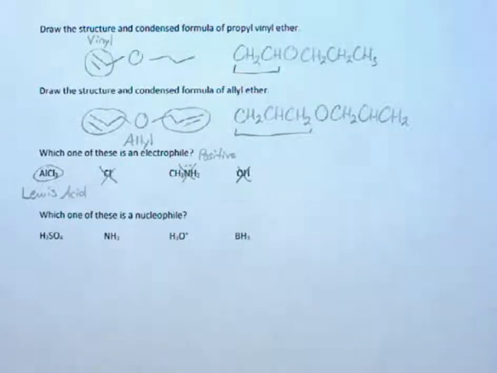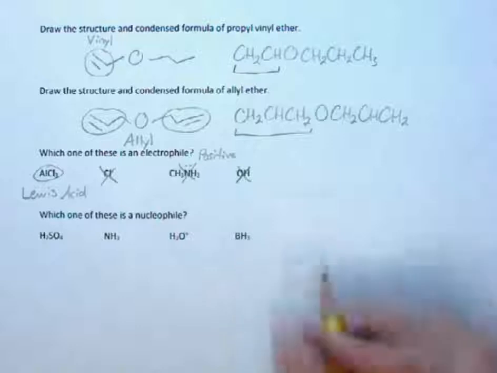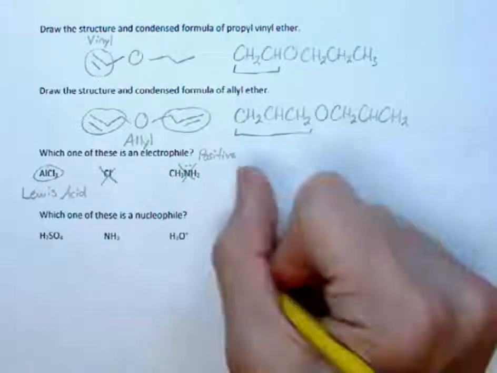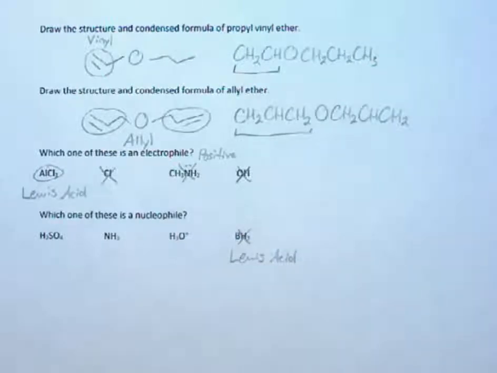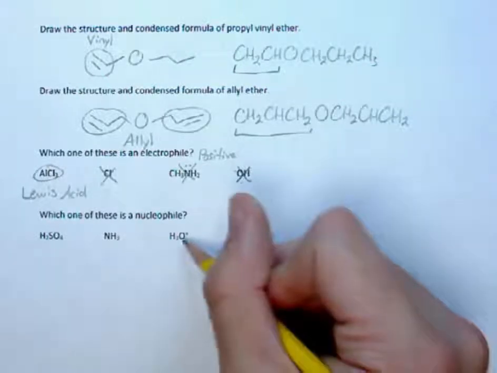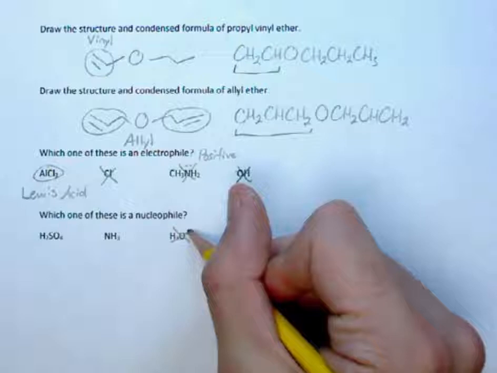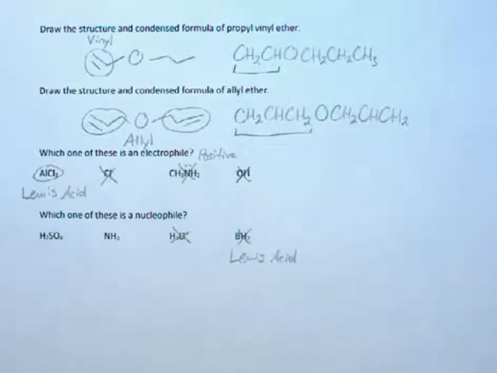The last question, which of these is a nucleophile? So for this one, we have BH3, and we know that's a Lewis acid that will not behave as a nucleophile. We have hydronium, which is positively charged, so that is actually going to behave as an electrophile, not a nucleophile.